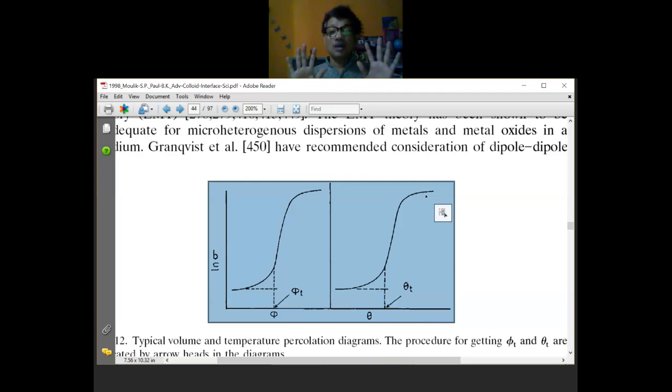So the percolation of electrical conductance in water in oil microemulsion comprising ionic species, it could be the ionic surfactant, or I took some non-ionic surfactant and can put some ions into it. They are induced by two methods. One is volume induced, meaning you increase the volume of the dispersed phase, water, or you increase the temperature.